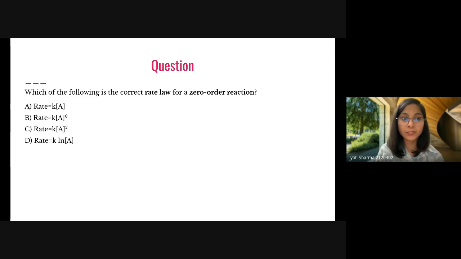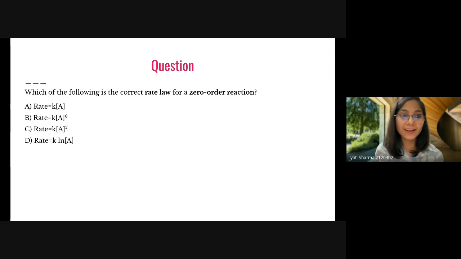My question is, which of the following is the correct rate law for a zero order reaction? I will explain what zero order means, but before that you have to let me know how much understanding you already have about this topic, so based on that I have this question.